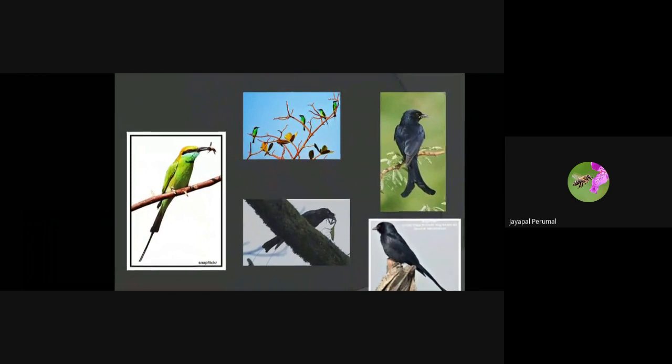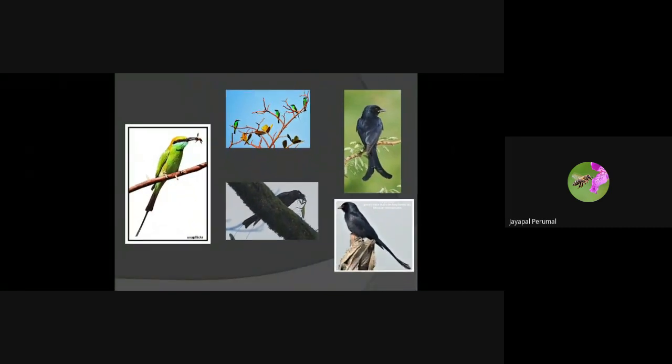Sometimes these birds may come near our beehive and feed on the worker bees within our apiary. So if you are making a commercial apiary, we have to take care of these birds also.